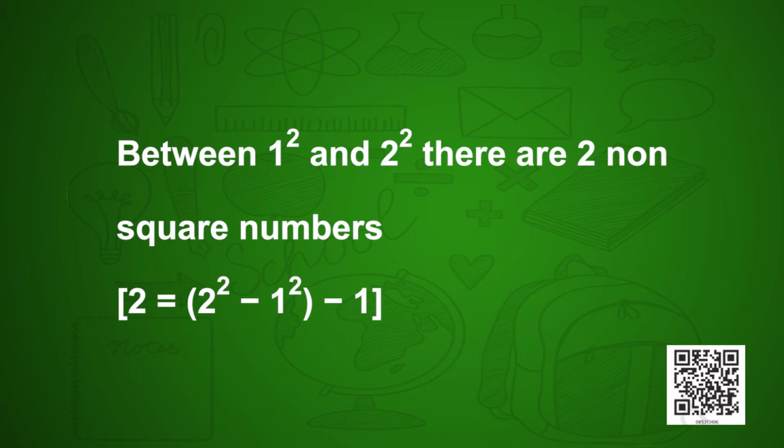But remember, we can write this 2 as 2 square minus 1 square minus 1, because 2 square is 4, 1 square is 1. So, 4 minus 1 is 3 and then 3 minus 1 is equal to 2. So, we can write 2 is equal to 2 square minus 1 square minus 1.